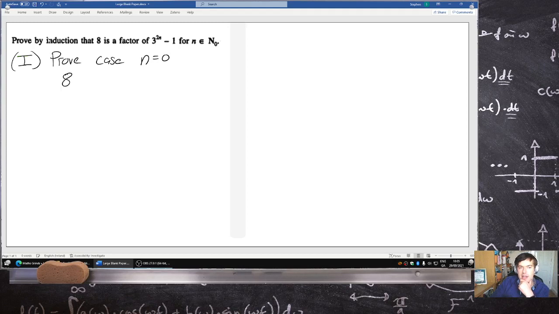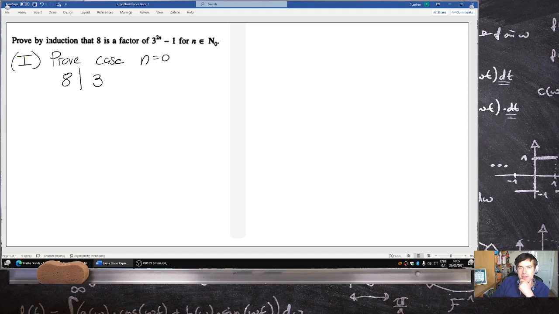So does 8 divide into 3... Now, I wonder, is that a typo? Because it looks like it doesn't work for 0 for this exam question.